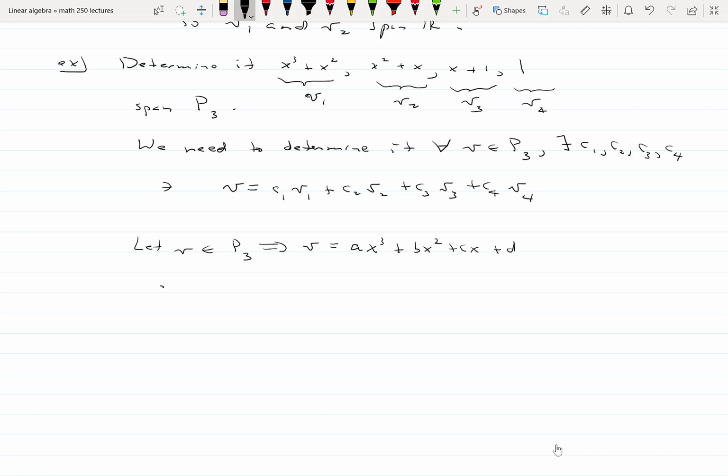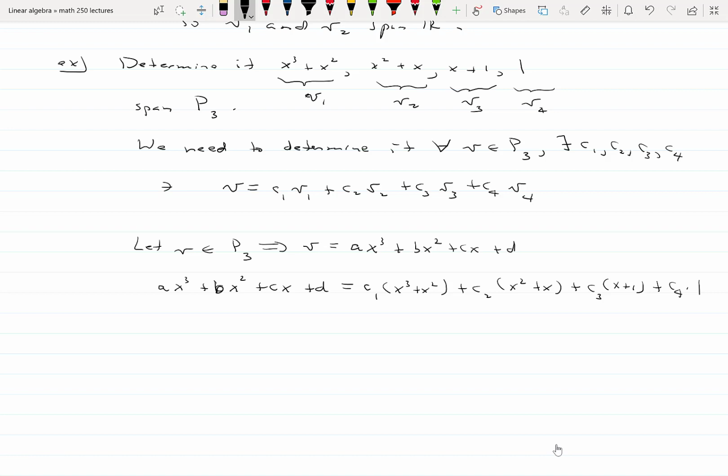So let's see what that amounts to. It means that we need to find 4 constants, C1, C2, C3, and C4, such that our arbitrary element of P3 is a linear combination, C1 times the first polynomial, x cubed plus x squared, plus C2 times x squared plus x, plus C3 times x plus 1, plus C4 times 1.